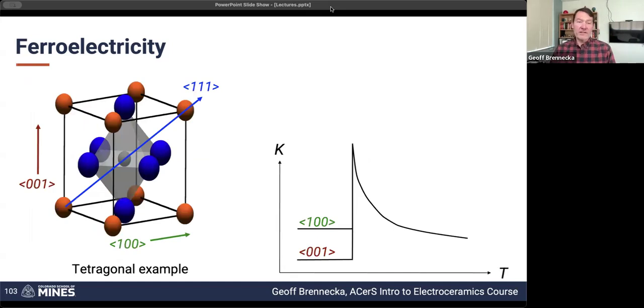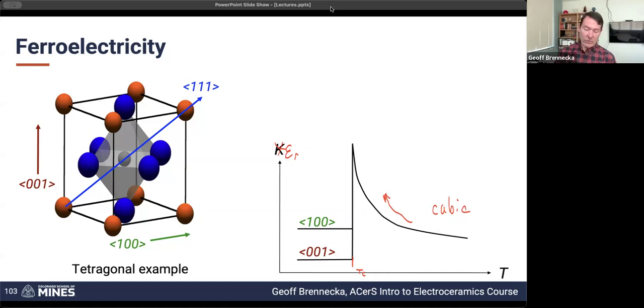So using this cubic to tetragonal example, I mentioned before that if we're looking at relative permittivity as a function of temperature, in this high temperature form where it's cubic, as we decrease temperature towards the phase transition temperature, so this is the Curie temperature, where it transitions between cubic and tetragonal, the relative permittivity increases because it gets easier to move those ions around a little bit.